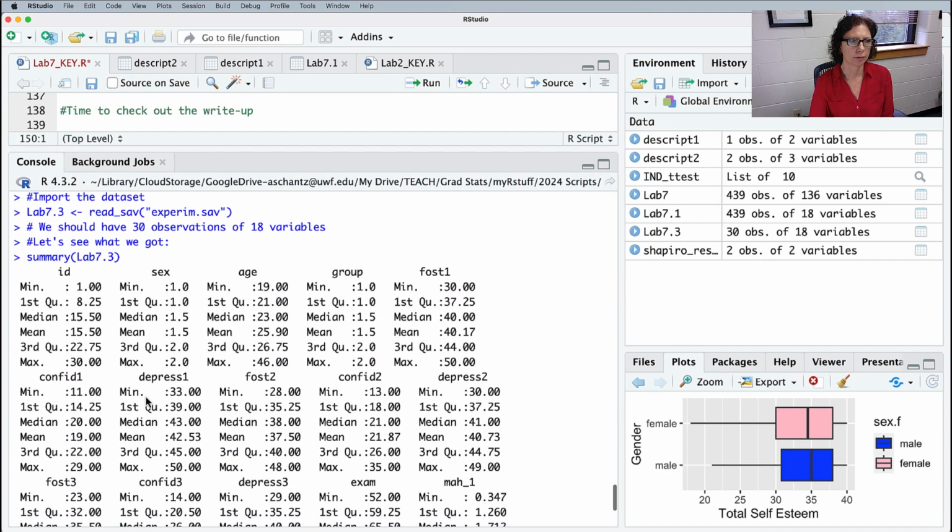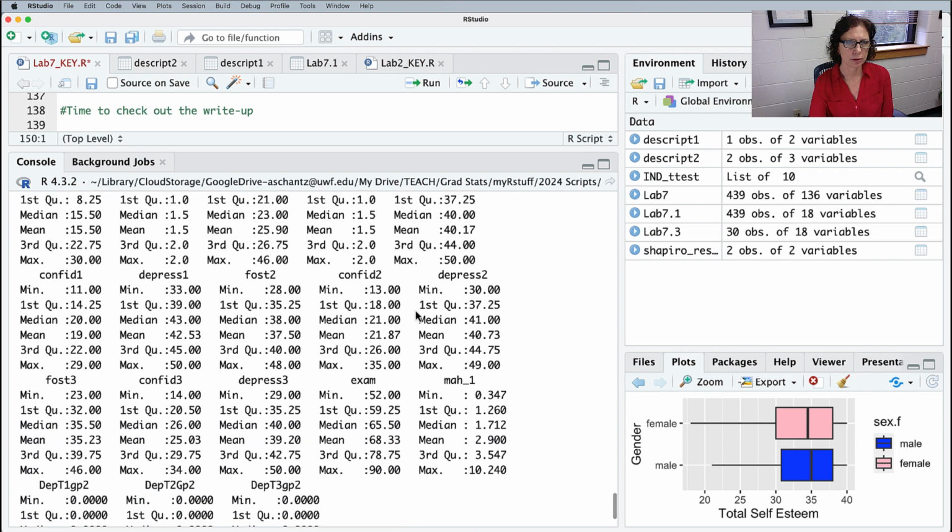So we have ID, looks like it's being treated as a number. We have sex being treated as a number. And group definitely looks like that needs to be categorical because a min of 1 to a max of 2 kind of says that's going to be categorical.